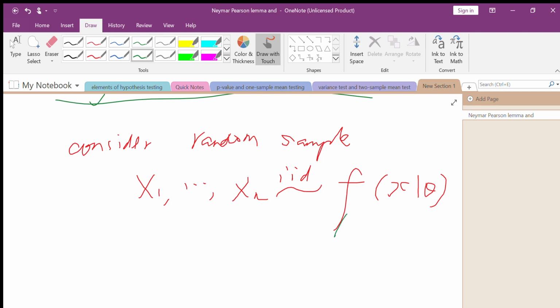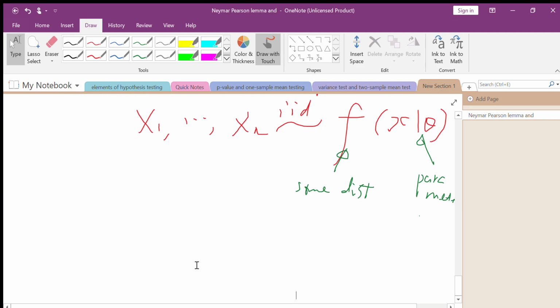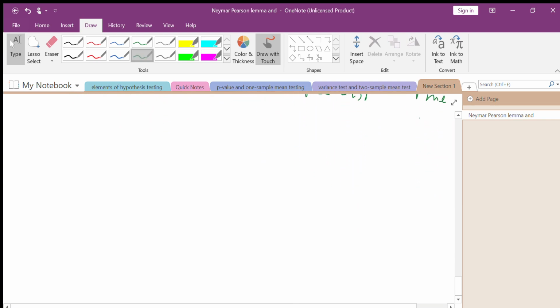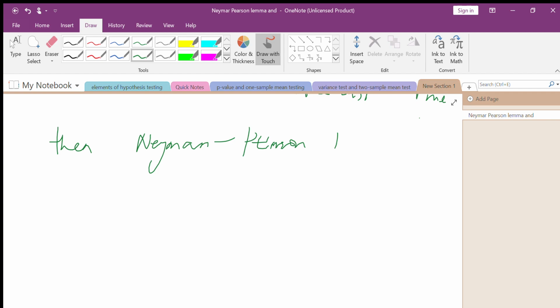This is some distribution small f, and theta is the population parameter of interest. Then the Neyman-Pearson lemma is as follows.